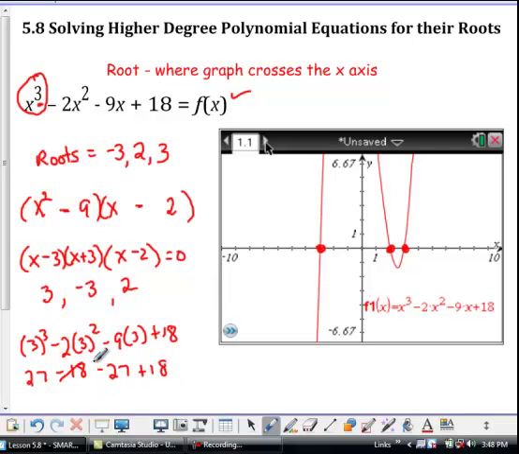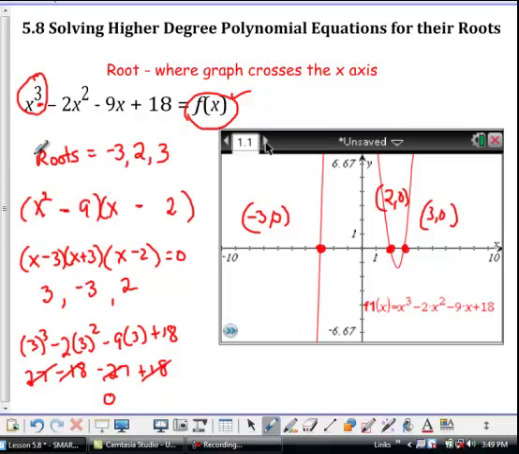Well, a -18 and a +18 cancel out. A 27 and a -27 cancel out. I get a 0. And that makes sense because f of x is fancy for y. And this point right here is -3 for x and y is 0. And this point right here is 2 and y is 0. And this point right here is a 3 and the y is 0. And that's going to be important later on.